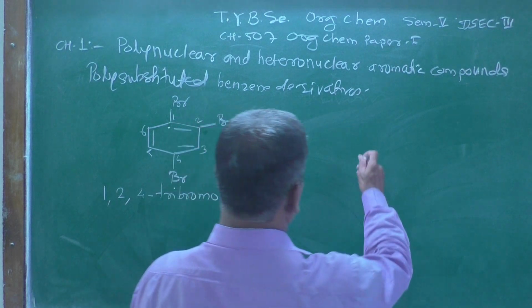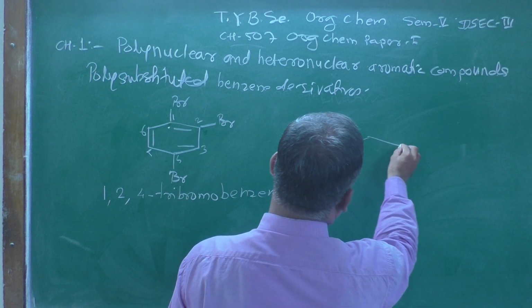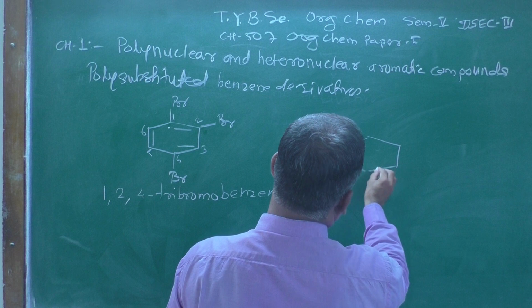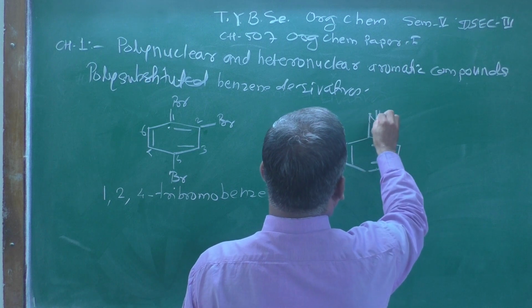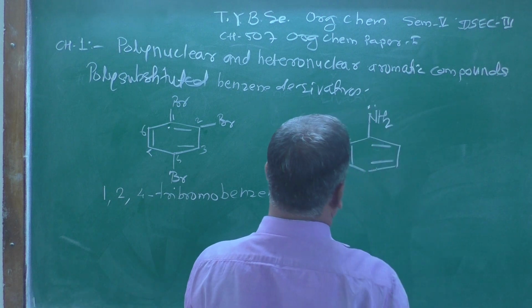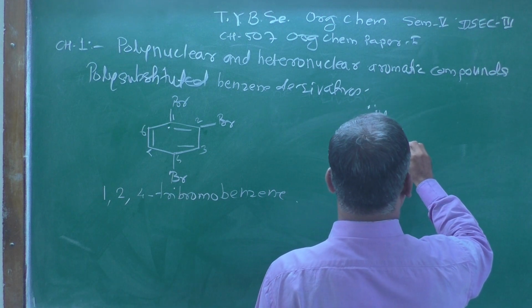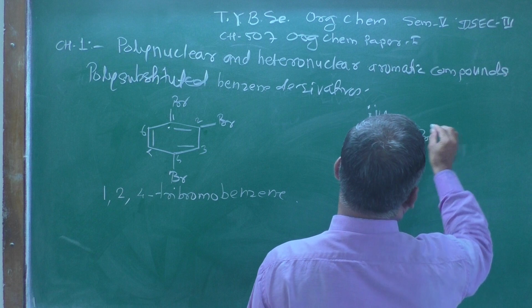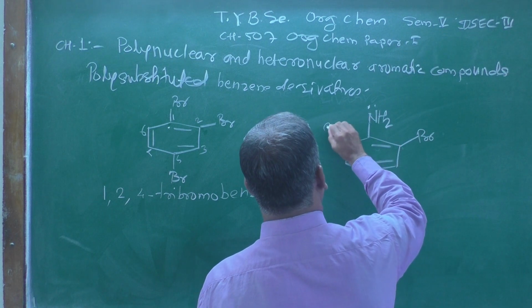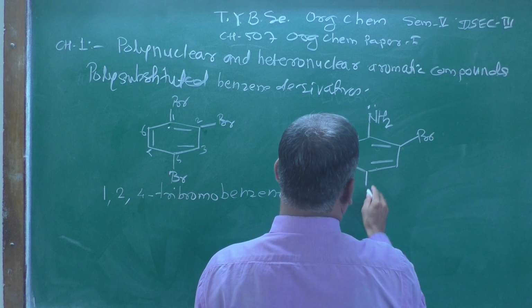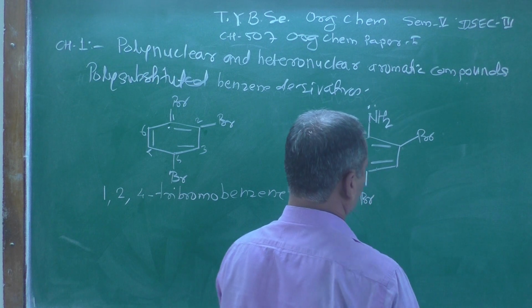Or let us see one more structure I am representing here. Look at the main substituent which I have written here. Let me attach one Br here, another Br here, one Br here.